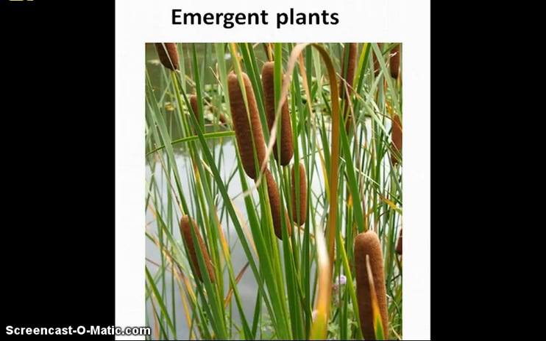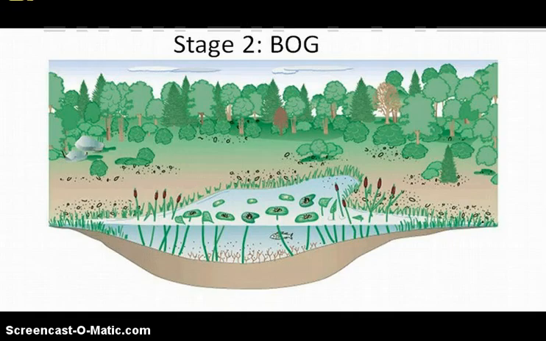Emergent plants have roots underwater while part of their bodies resides above the water line. Emergents start to appear on the edges of the pond. Over time, sometimes hundreds of years, as pond plants grow, die and decompose, layers of debris build up. These layers of decaying matter raise the pond floor over the years.